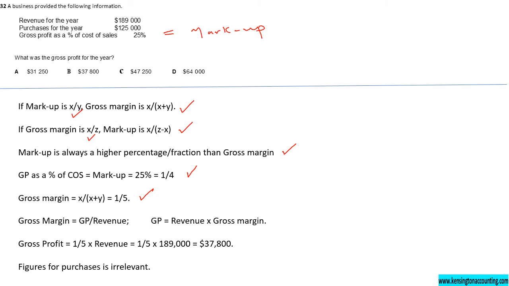So we have a gross margin, which is 1/5, and a revenue, which is 189,000. Therefore gross profit will be equal to 37,800. You would notice that the figure for purchases was irrelevant and not needed to answer this question. Therefore the correct answer is B.